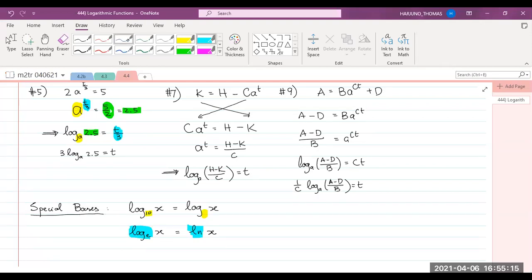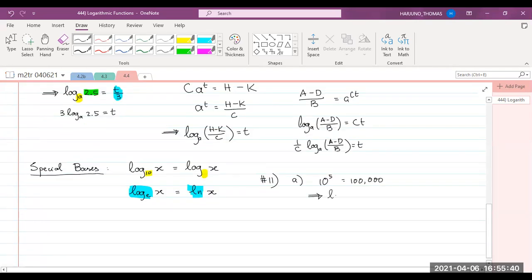Okay, let's say, for example, number 11. Number 11a, we have 10 to the 5th equals 100,000. Now that's exponential form. What will that be in logarithmic form?